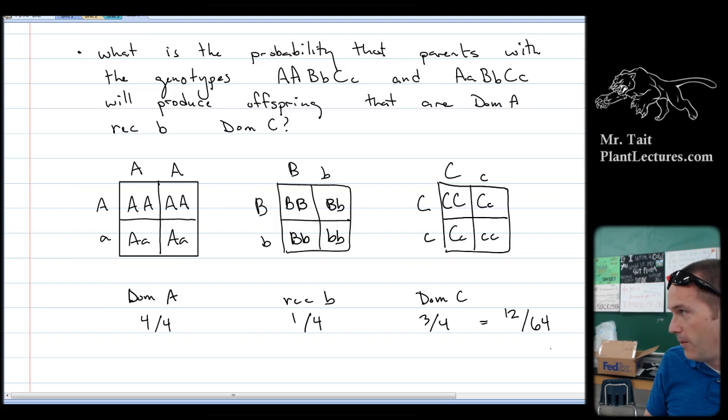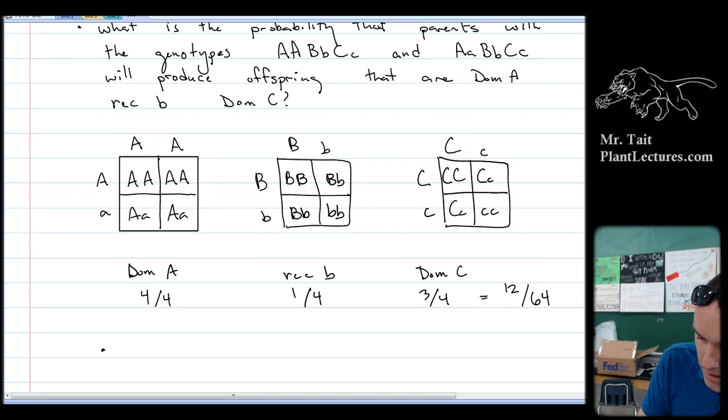So, what do we think? Easy? Simplifies things a lot? Especially, what if it didn't ask for dominant A, recessive B, dominant C? What if it asked for the probability of big A, little a, big B, little c, little c?